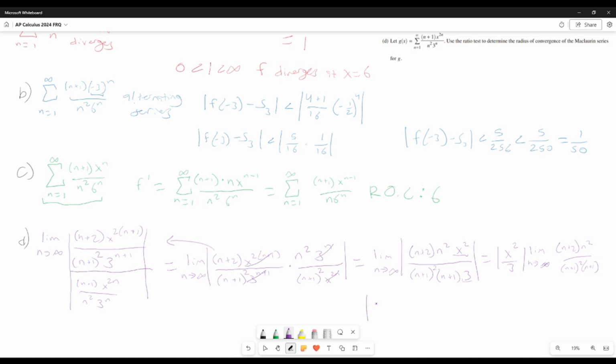So, according to the ratio test, x squared over 3 needs to be less than 1, which means that x squared is less than 3, which means that the absolute value of x has to be less than root 3. So our radius of convergence is going to be root 3. And that is all for question number 6.